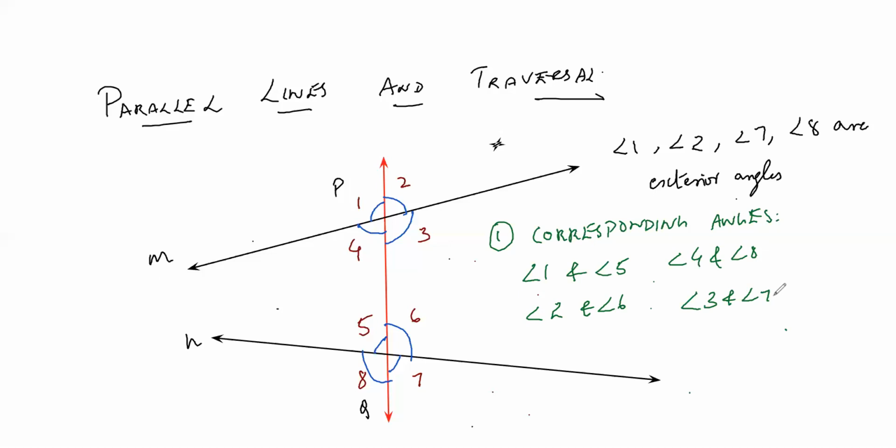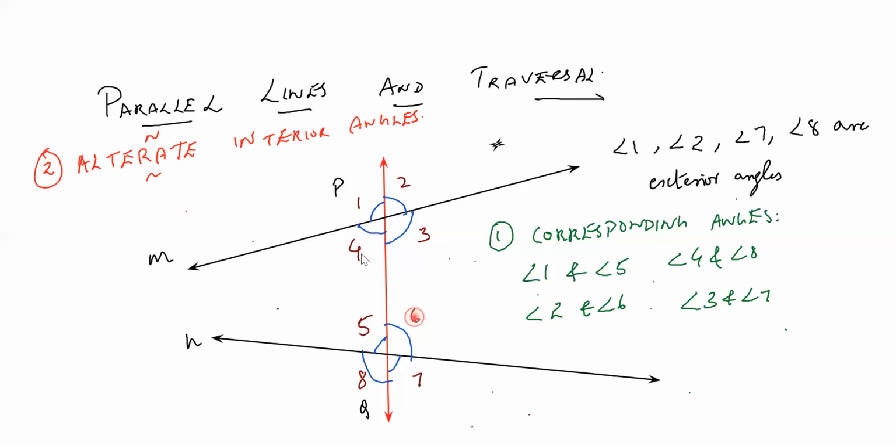Second one, alternate interior angles. That I will write here. Alternate. First I'll show you what are the alternate interior angles. Angle 4 and angle 6.